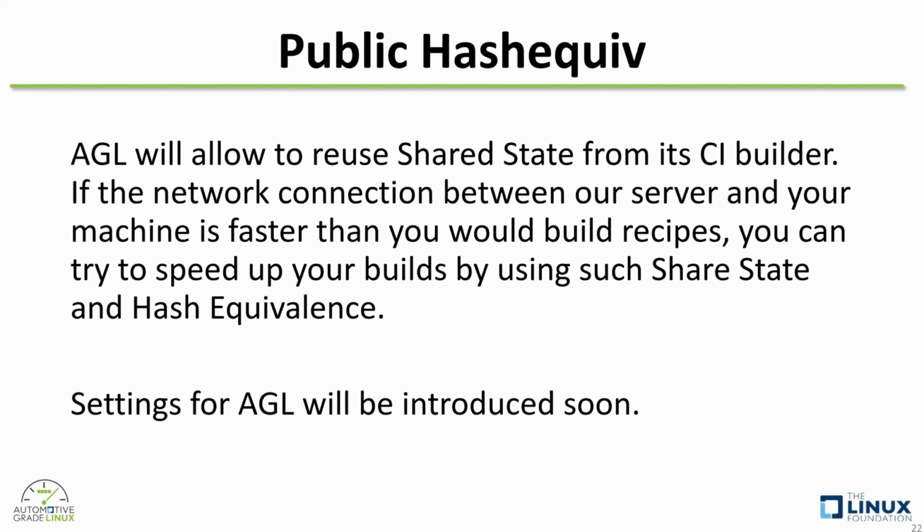That is supported by the read-only PR server and read-only hash server, because we can then reuse more artifacts. We'll introduce these settings soon, likely as an add-on, not by default. So if you want to use it, you have to opt in.